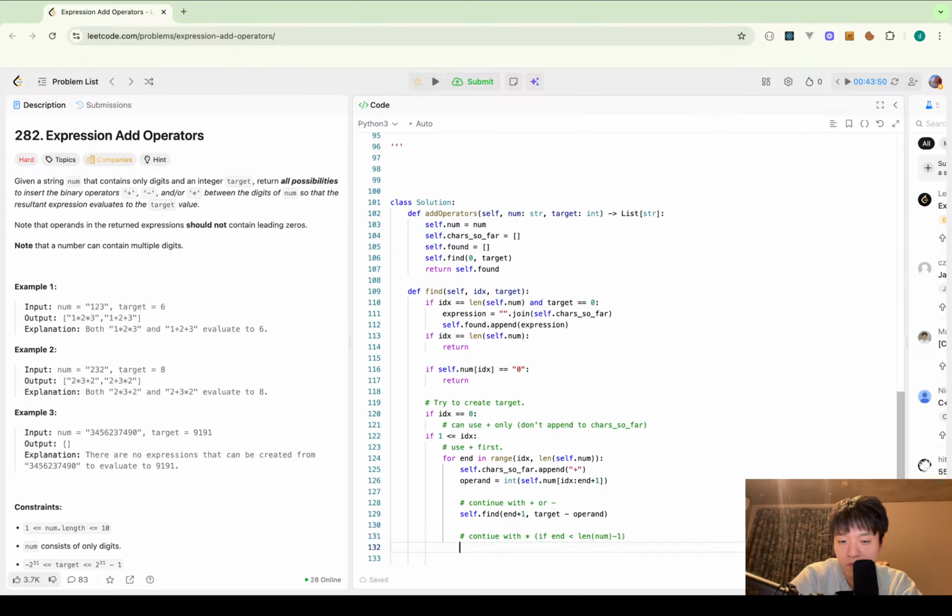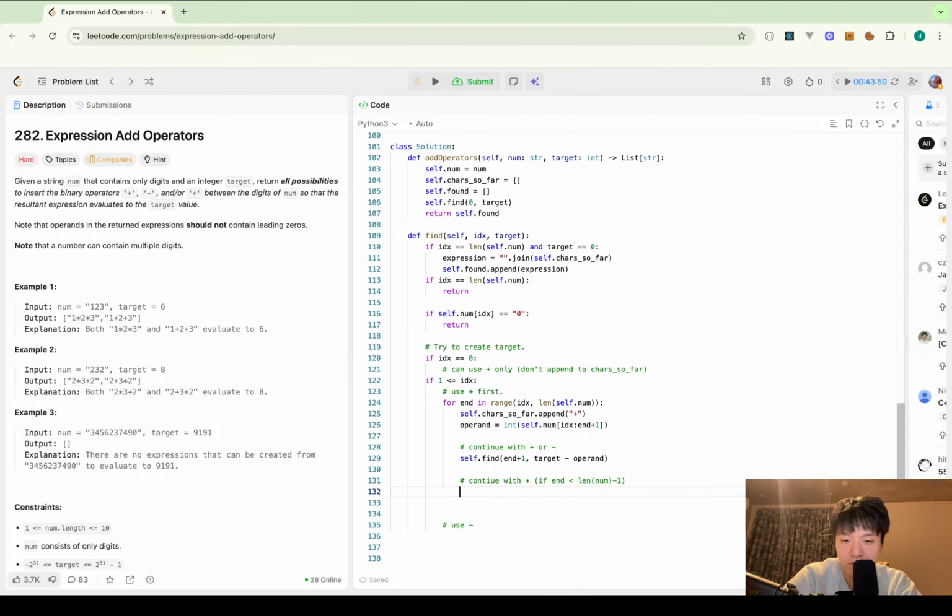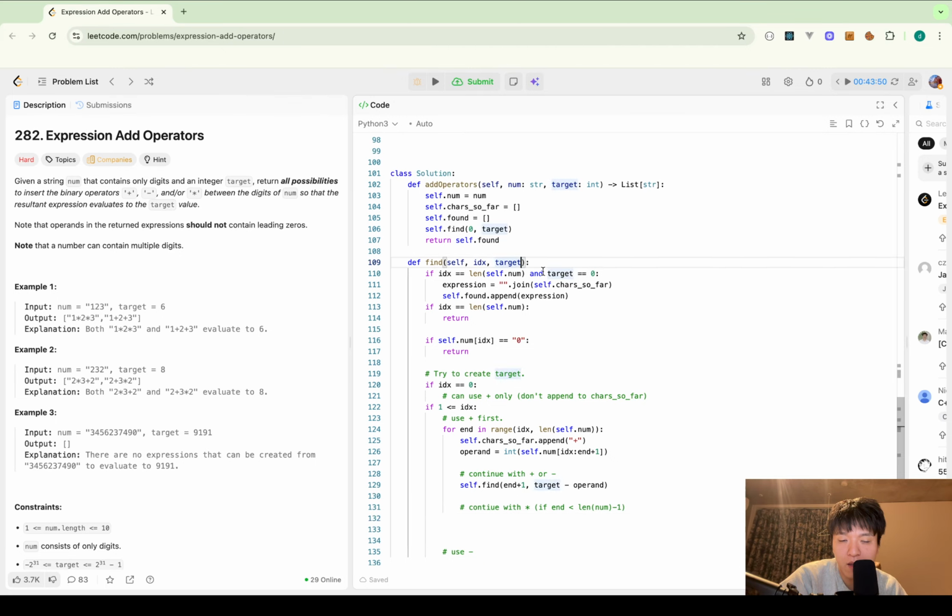Or case number 2, I choose multiplication. In that case, I have to continue. Oh, wait. Because I don't use memoization, now I can pass something here, like the previous multiplication multiplier.